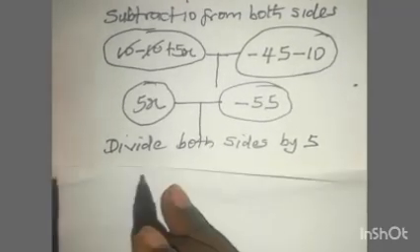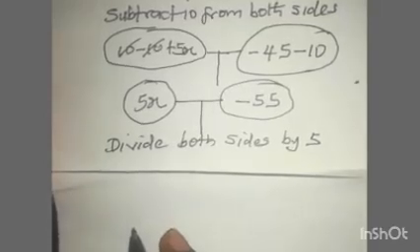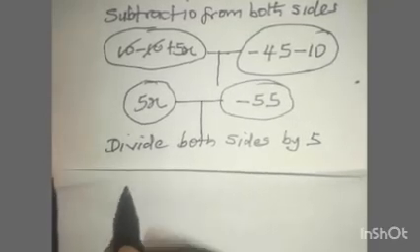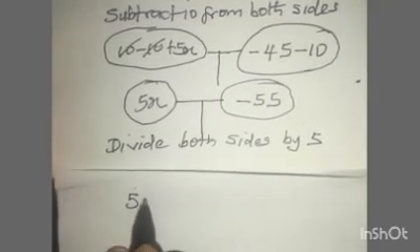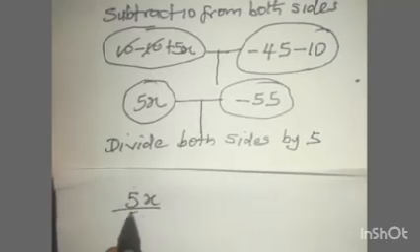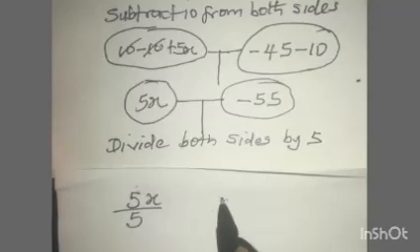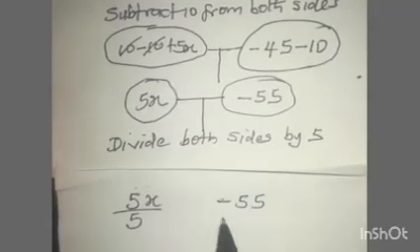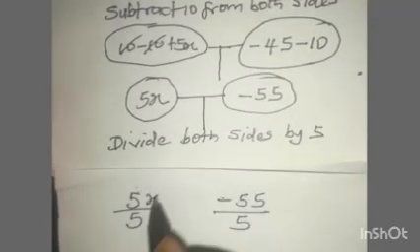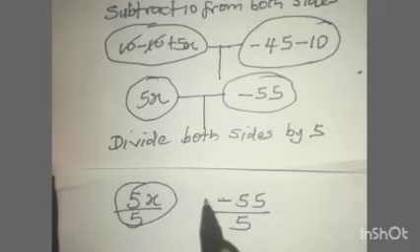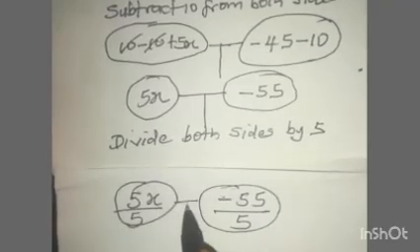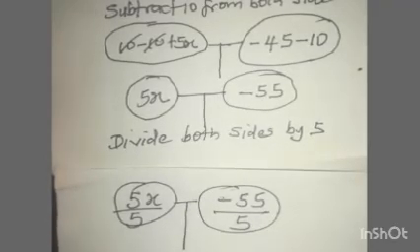Alright, now we have here 5x over 5. This side minus 55 over 5. Alright, this is the balance. Now let's simplify.